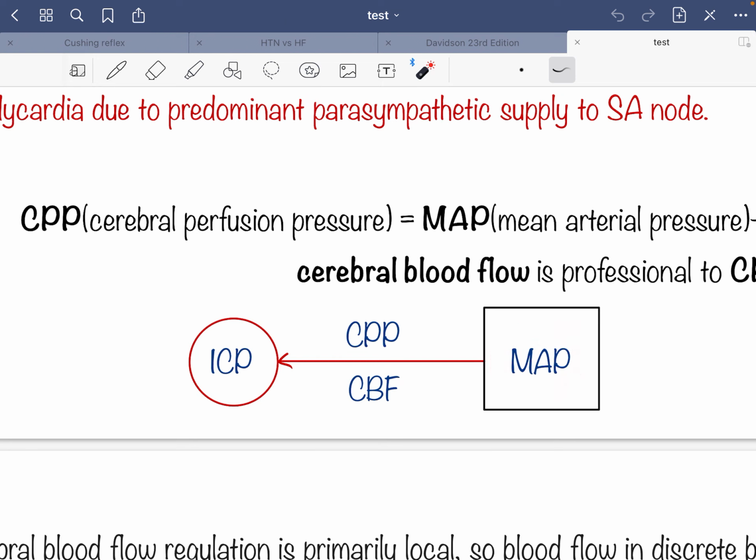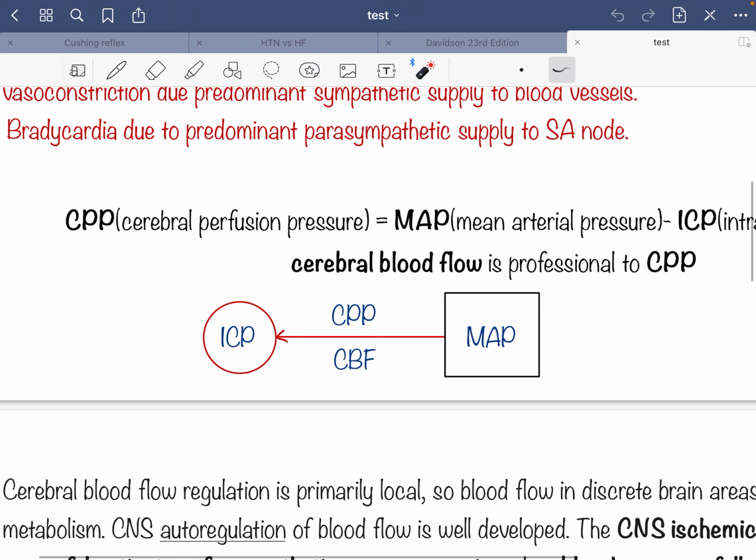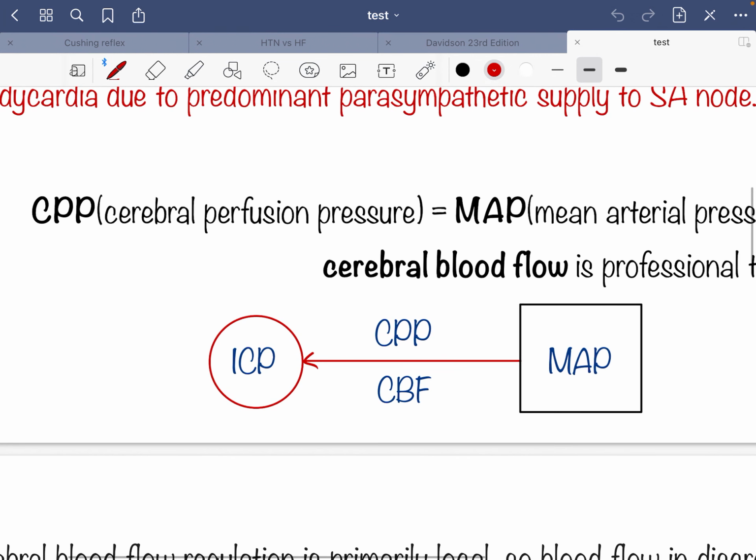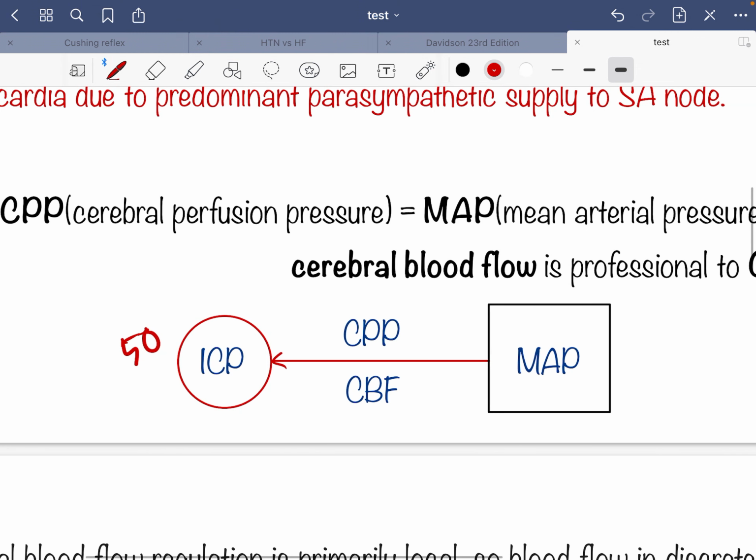So during increased intracranial pressure, here you can see the intracranial pressure is increased, that means the pressure is increased in this portion. I want to explain it with a numerical example. Suppose the intracranial pressure is 50 normally and the mean arterial pressure is 100. So what will be the cerebral perfusion pressure? 100 minus 50 is equal to 50.